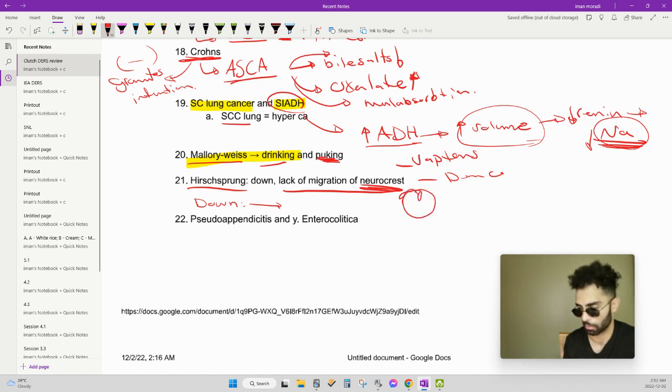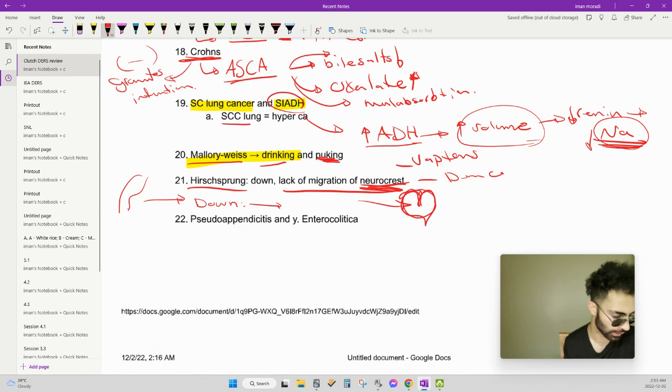So you have this problem here, but you also have a lot of the cardiac problems, because a lot of these neural crest cells have to migrate to different places to help the complex structure develop. When you have problems with migration of neural crest cells, you have problems with the heart, and you also have neural crest cells not moving to the end of the GI tract, giving Hirschsprung disease.